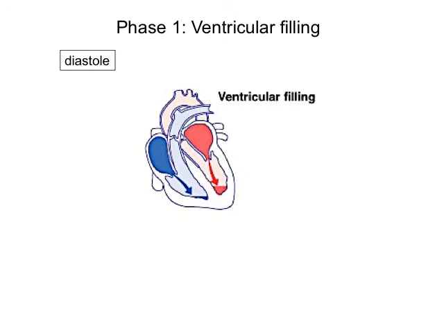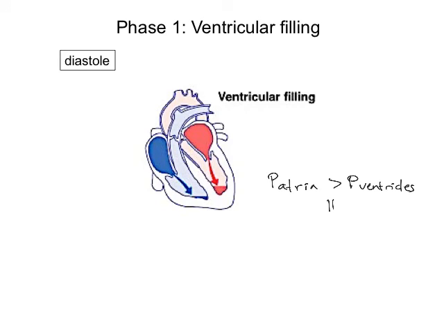And here we are back at phase 1, when the atria and the ventricles are in the relaxed diastole phase. Throughout this entire cycle, there was always still blood coming from the veins into the atria. And so as the blood returns into the atria, the pressure increases. And because the ventricles are relaxed, the pressure in the atria is now greater than the pressure in the ventricles.